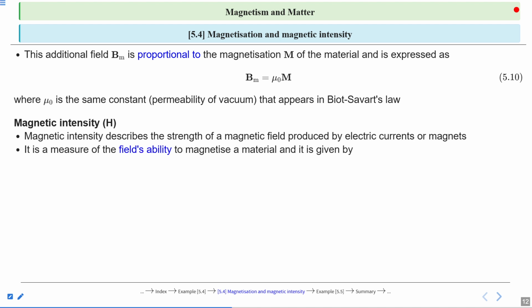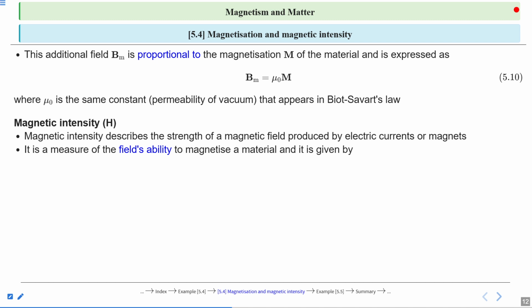Magnetic intensity is a measure of the field's ability. Ability to do what? The field's ability to magnetize a material. If a person is able to do many things, it is the person's ability to paint, to play cricket, to dance.